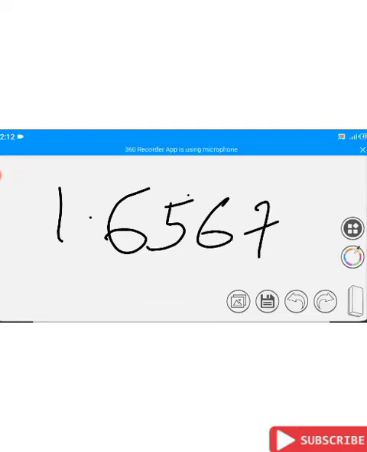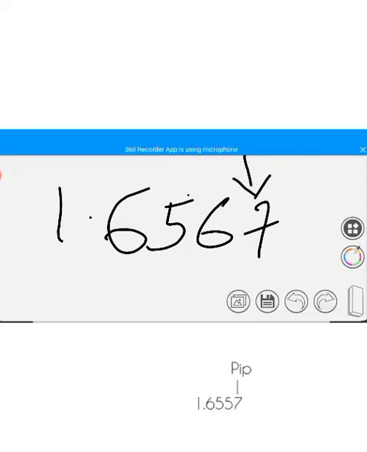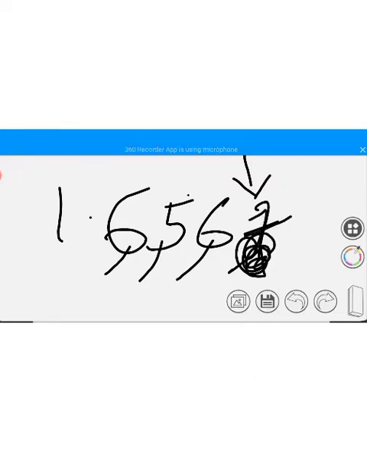This 7 here is our pip. The rule is that after the decimal point, if you want to calculate pips, you count the fourth number. The fourth number is your pip. So these are first, second, third, fourth. This fourth one is where you will add your pips. This seventh one is what we call a pip.